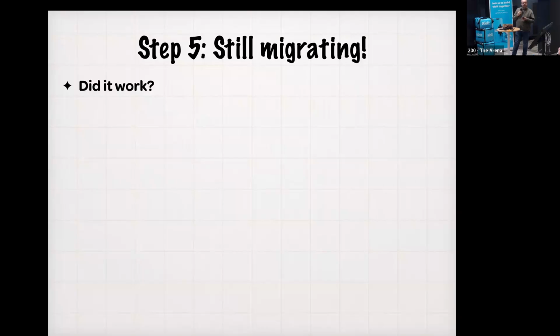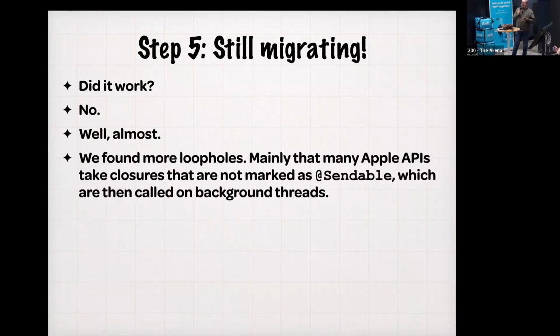So did this work is the question. And the answer is no. Well, it almost worked. We were almost there now. We found there are more loopholes. A lot of Apple APIs are a bit sloppy still.